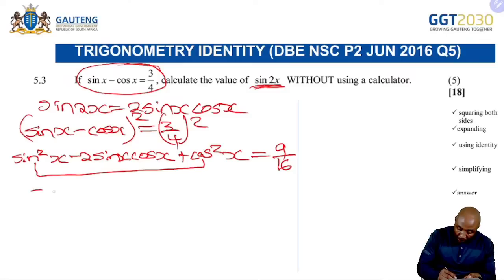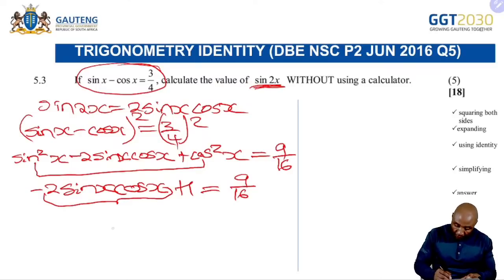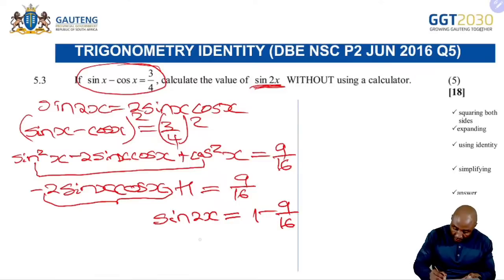So I now have negative 2 sine x cos x plus 1 is equal to 9 over 16. From there on, I know that this is the identity for sine double angle. If I take this one to that side, I will have sine 2x is equal to 1 minus 9 over 16, and that will give me sine 2x as 7 over 16.